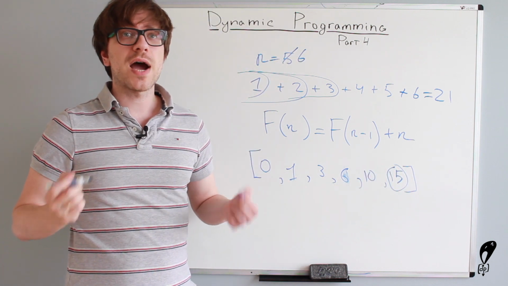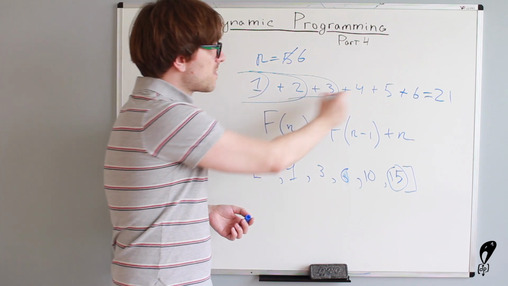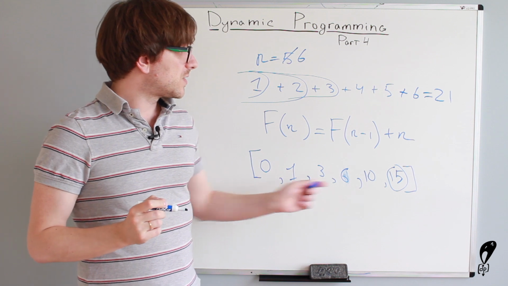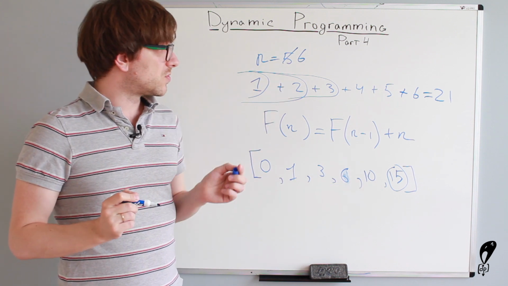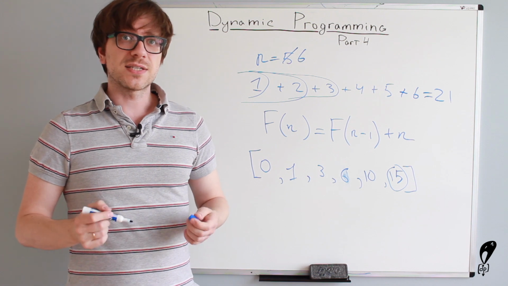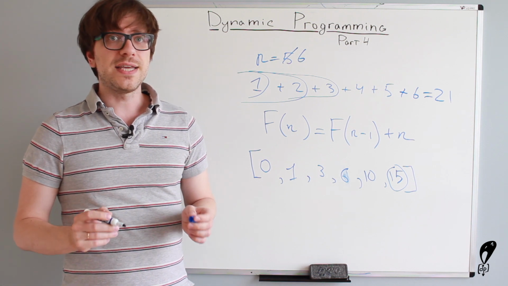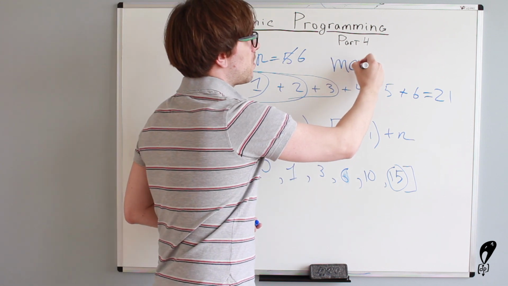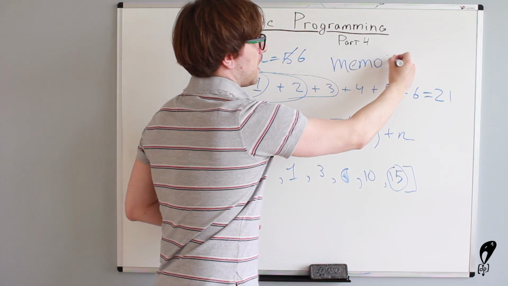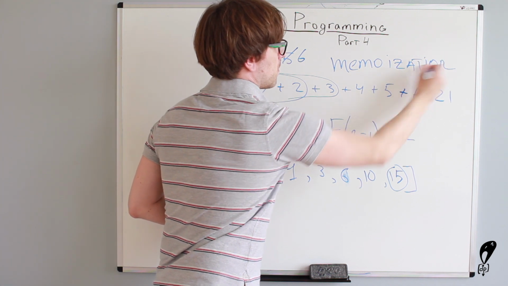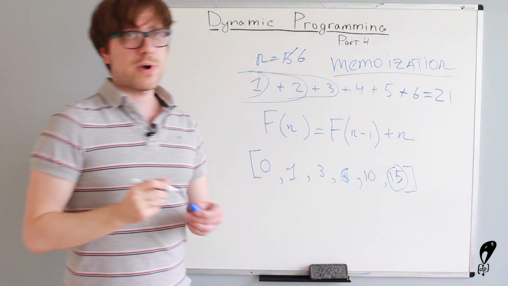You don't have to recalculate everything from the beginning. You already know that when n equals 5, the result is 15. So when n equals 6, it's just plus 6, so 21. So we just add 6 to 15. This technique is called memoization.